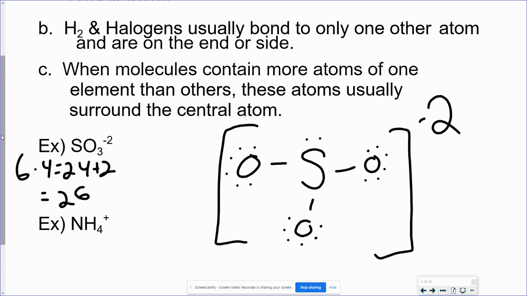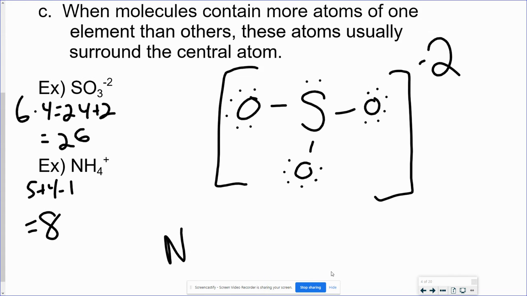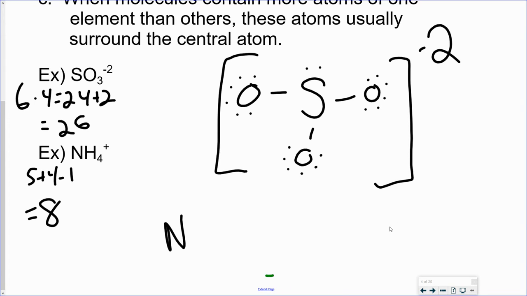So let's go ahead and try our next example. Remember, this was 5 plus 4 minus 1, giving us a grand total of 8 valence electrons. So we're going to put nitrogen in the middle. We're going to bond each of the hydrogens, and we're going to count.